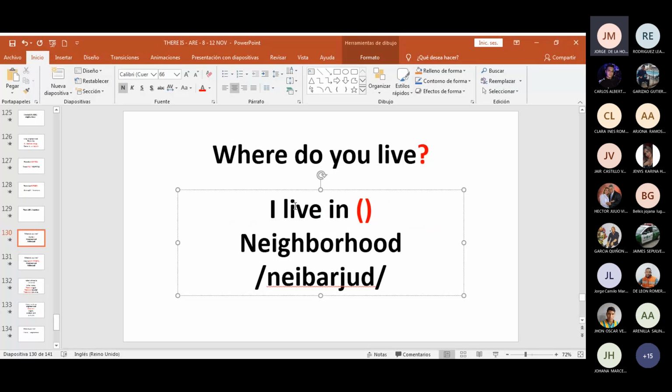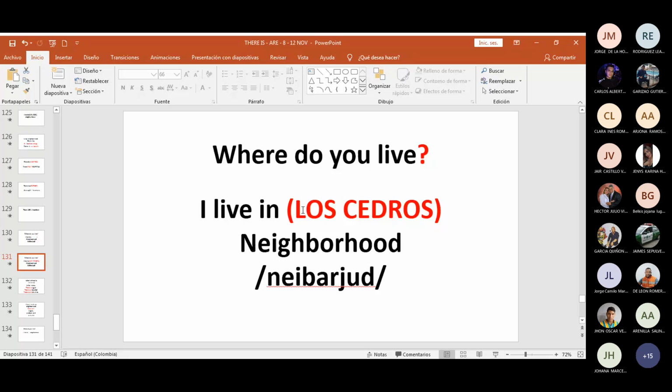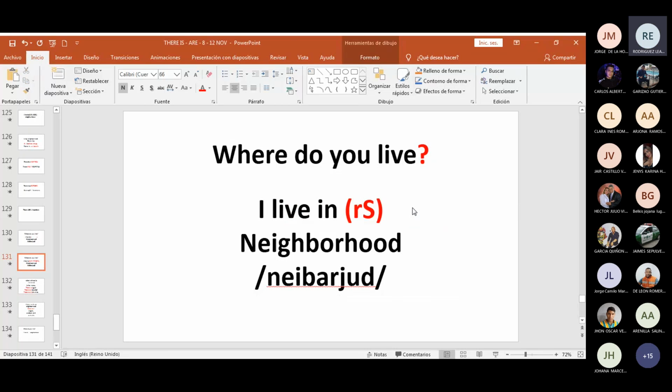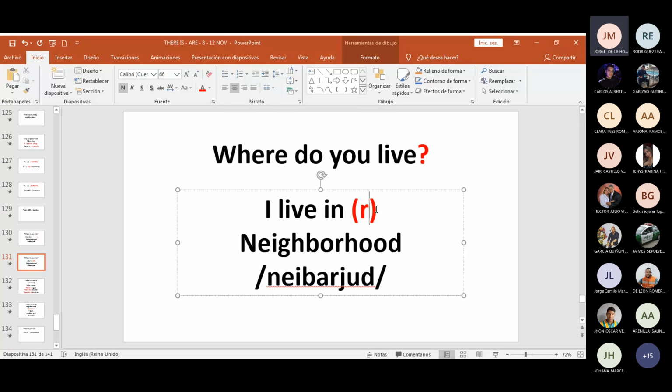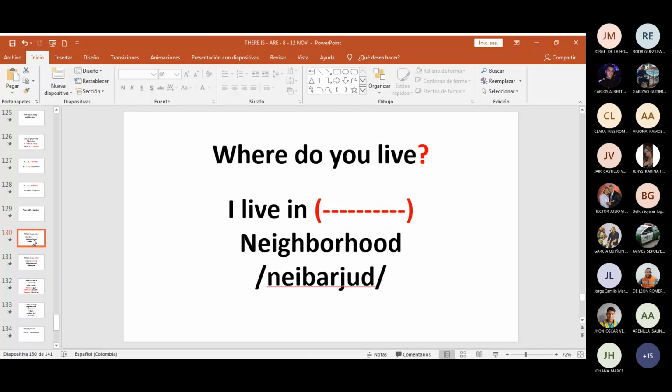Okay, very good. Another person, where do you live? I live in Ciudad Caribe neighborhood. Yes. Okay. Another person. Where do you live, student?